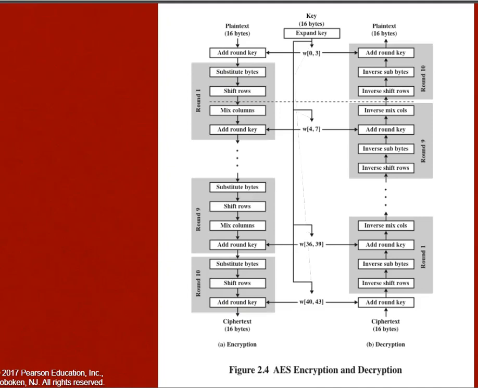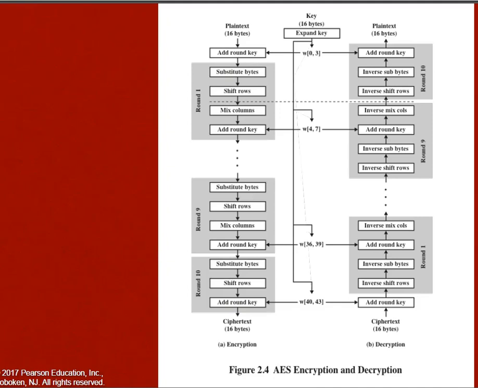The substitute bytes use a table referred to as an S-box to perform a byte-by-byte substitution of the block. We have shift rows, a simple permutation that is performed row by row. Here you can see substitute bytes, shift rows, mix columns, and finally add round key.